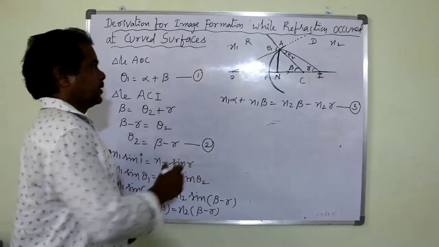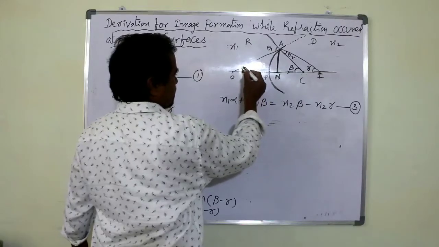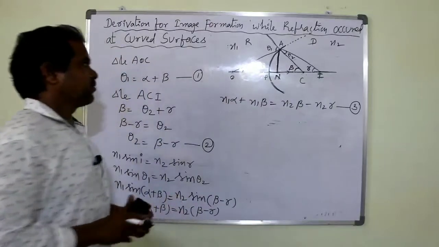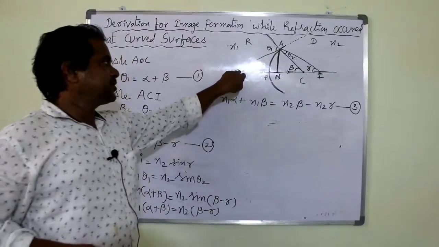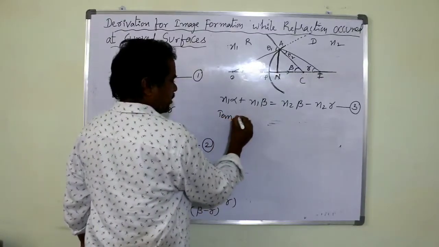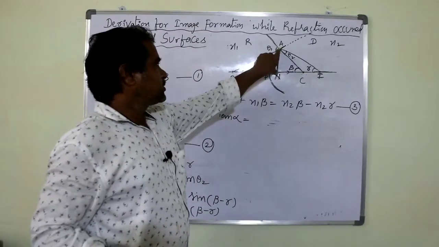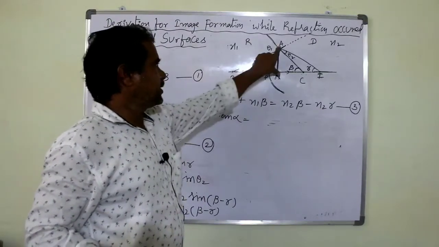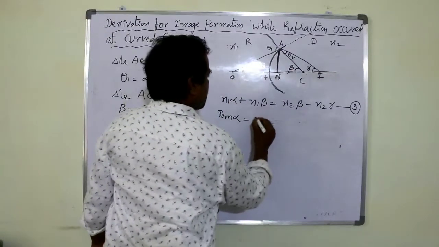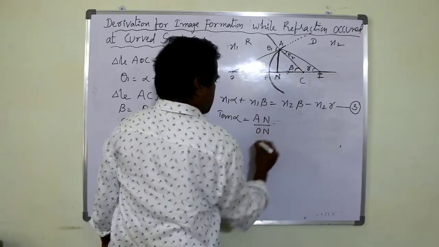So consider this triangle, for example AON. Here this is a right angle triangle. Here one angle is formed. To find the tan ratio for this angle, we get tan alpha is equal to opposite by adjacent, AN by ON.